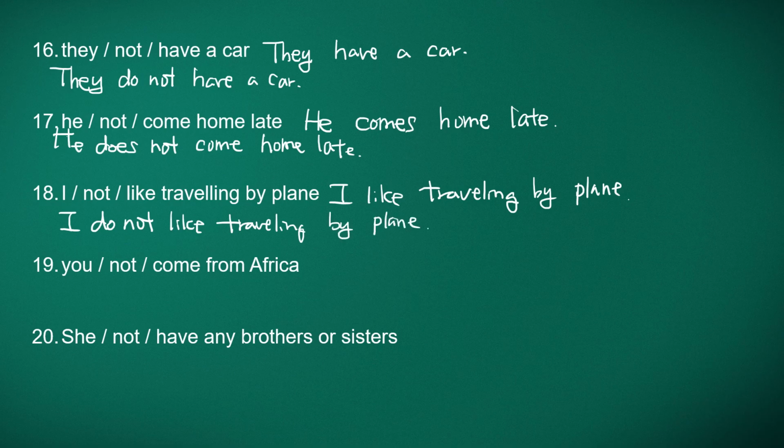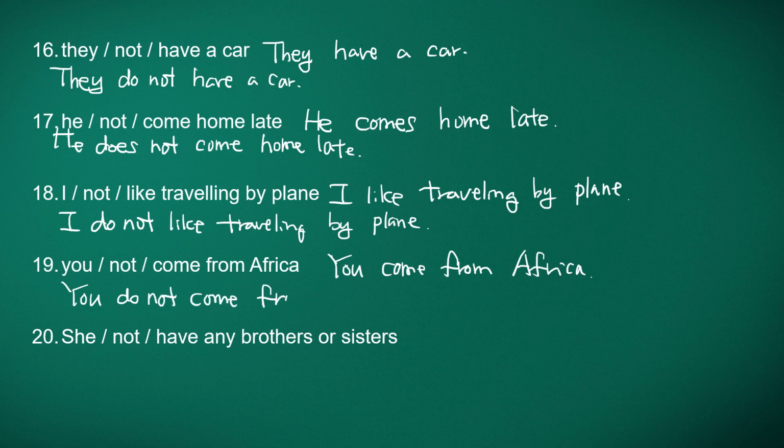And number 19, you come from Africa. You come from Africa, and negative is you do not. You do not come from Africa.